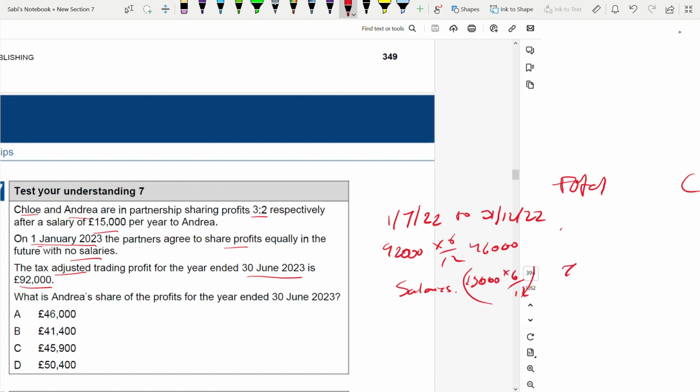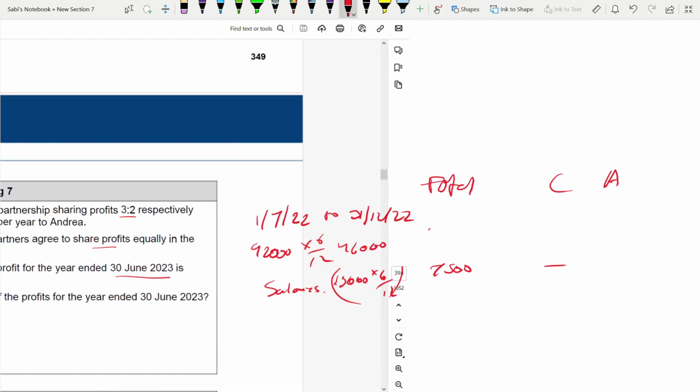So 7,500, only for Andrea. Then out of 46,000, remember the balance is profit sharing ratio. 38,500. This 38,500 will be shared between these two: 23,100 and 15,400.